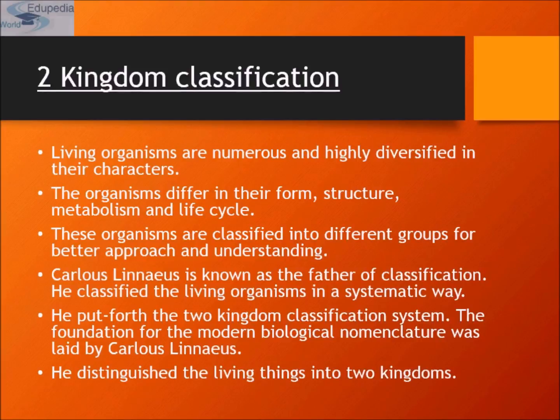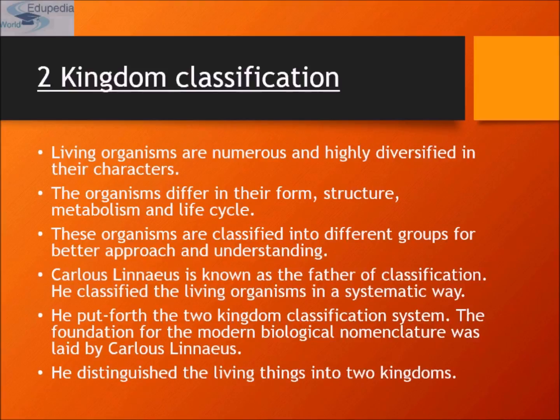It did not distinguish between eukaryotes and prokaryotes, unicellular and multicellular organisms, and photosynthetic and non-photosynthetic organisms. Classification of organisms into plants and animals was easily done and easy to understand, but a large number of organisms did not fall into this category. Hence, the two kingdom classification used for a long time was found inadequate.